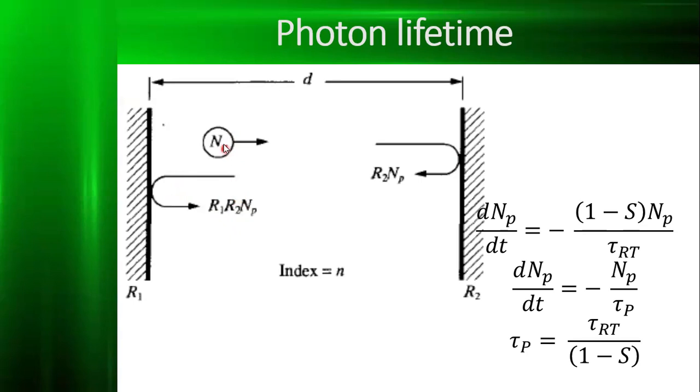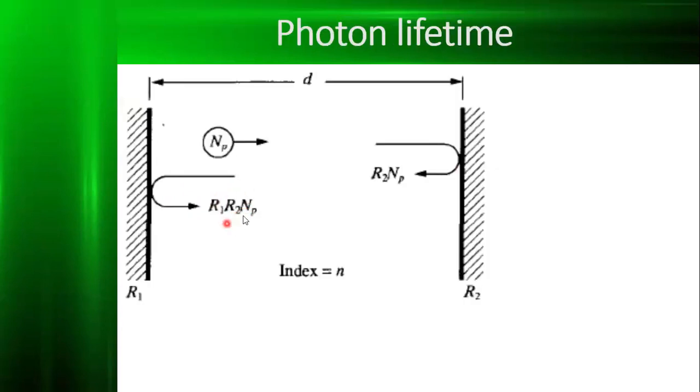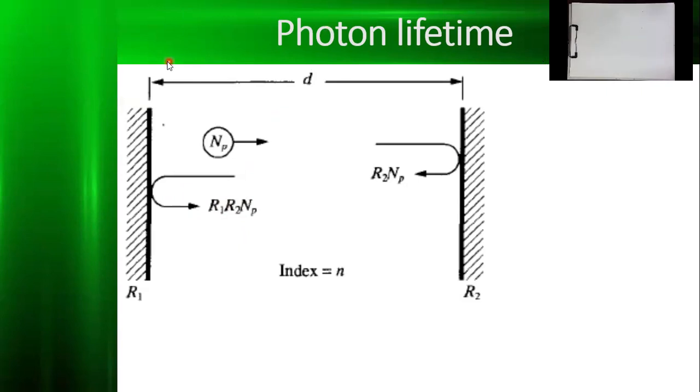So after one round trip, you have R1 times R2 times NP photons still in the cavity, and the rest have escaped outside the cavity. Accordingly, we will define a very important parameter, which we call the surviving factor, S, which is simply R1 times R2. So let me make it using the white paper.